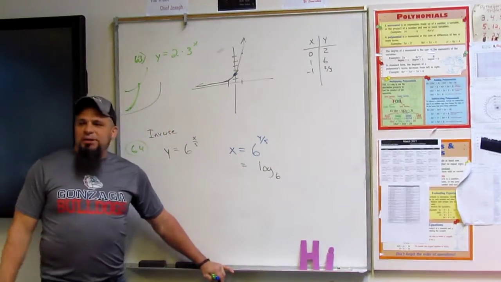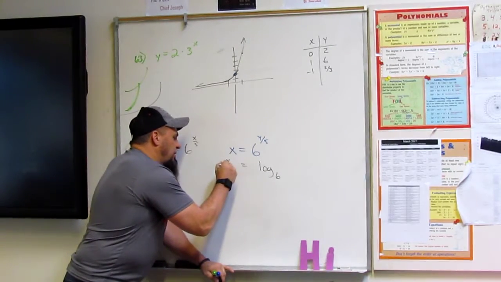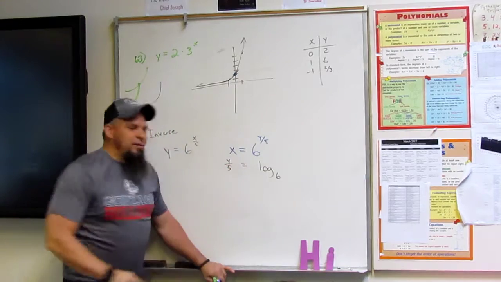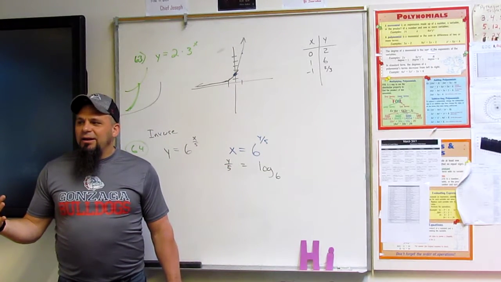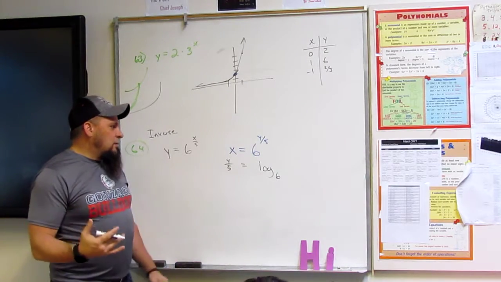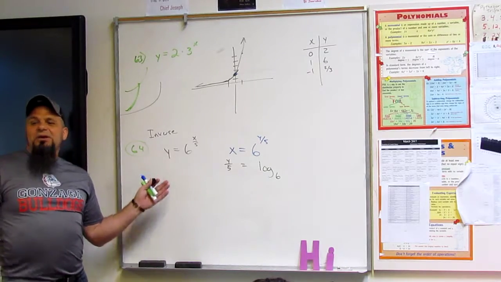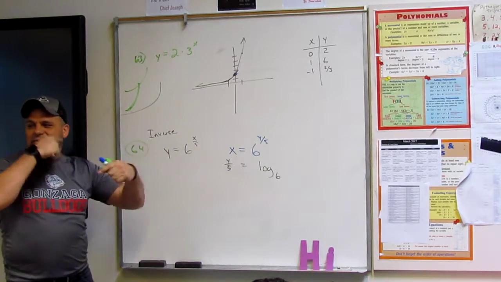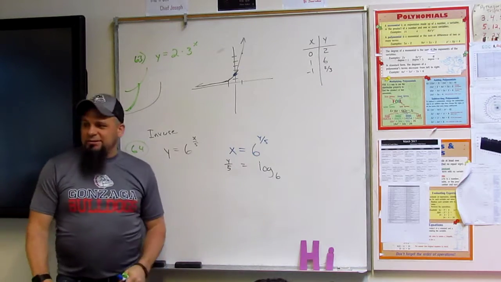What's my exponent? Y over 5, right? And then what's my number? It used to say y equals, then we switched them. Y became x and x became y, and that's the whole reason we got to use this.